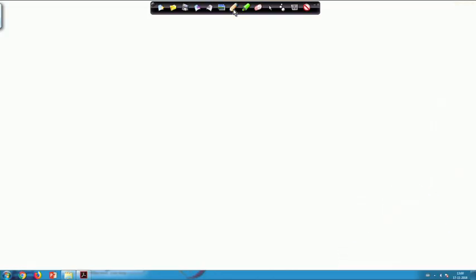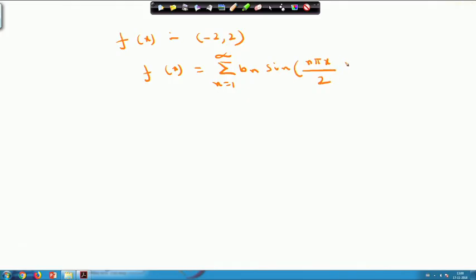So, we have defined the function f x in minus 2 to 2, and since the function is an odd function, it will contain only sine terms. So, we can write f x equals summation n equals 1 to infinity b n sin n pi x by L, where the value of L here is 2.